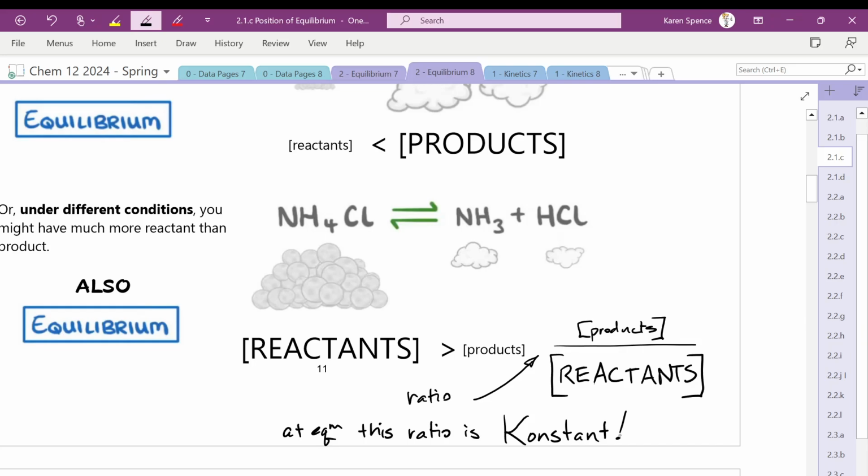And you might say to yourself, Ms. Spence, why did you spell constant with a K? And it's because this ratio of product concentration over reactant concentration is called the equilibrium constant.